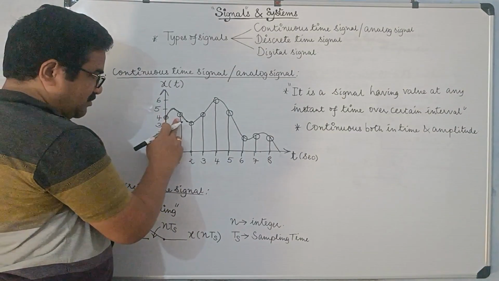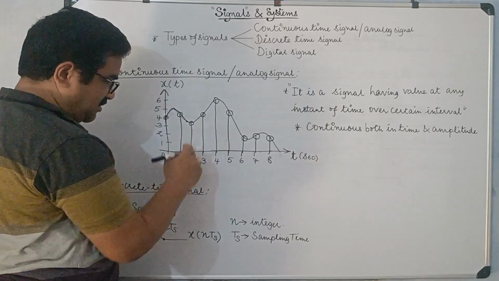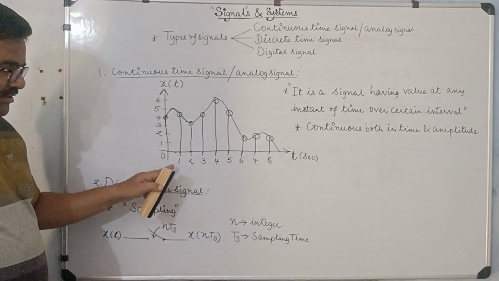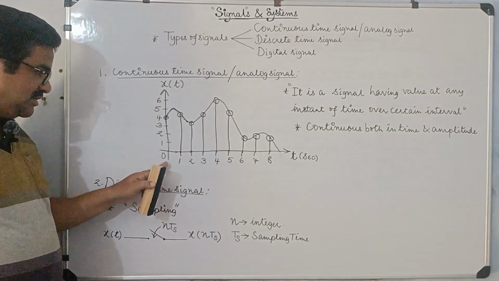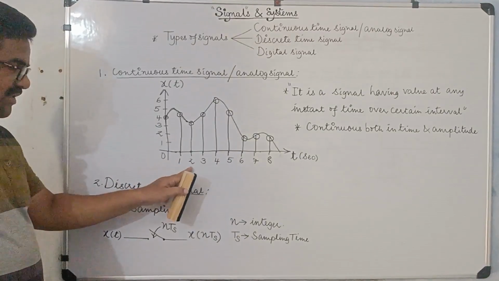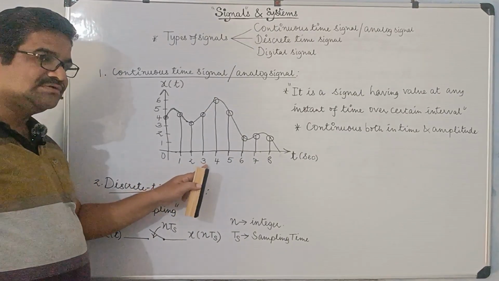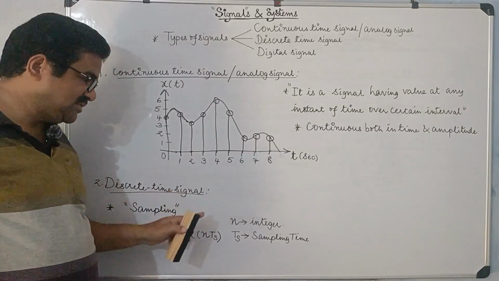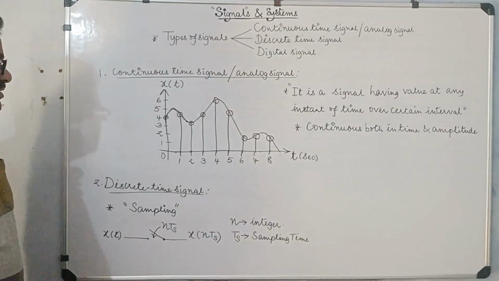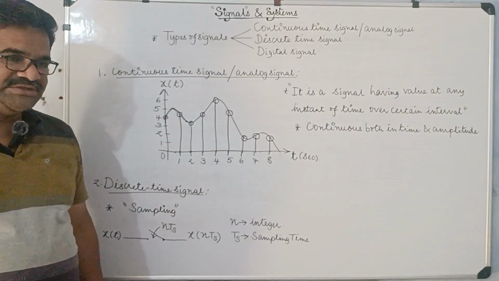This is my first sample, second sample, third sample, and so on. Okay, so what is Ts here? Ts here is 1 second. Let us say 1 into Ts, 1 into 1, this is 1 second, 2 into 1, 2 seconds, 3 into 1, 3 seconds, 4 seconds. So here in this case, my sampling time is 1 second. Okay, so it need not be 1 second always.